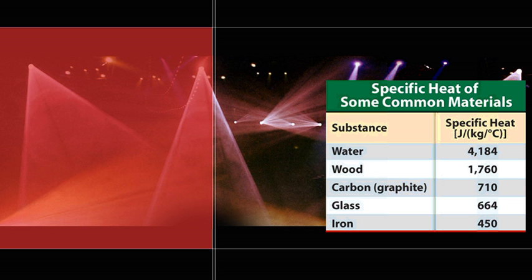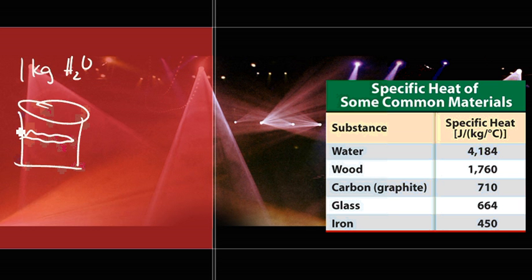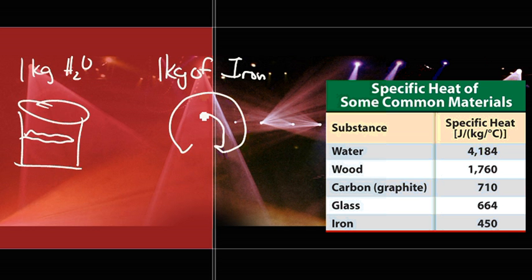So let me draw an example to help you understand. If we have 1 kilogram of water, and we had 1 kilogram of iron, we want to know which one would heat up the most if we add a certain amount of heat.